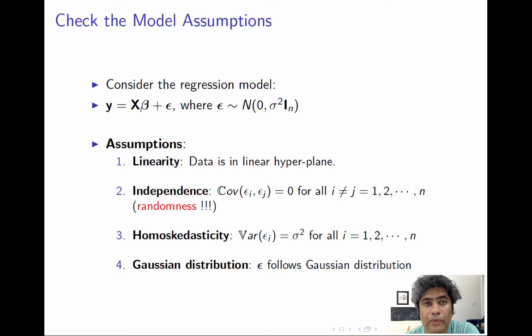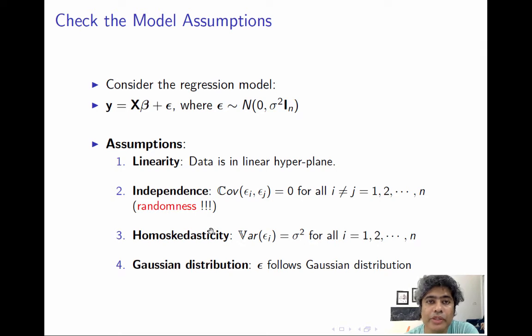If you're not so sure, it is better to check whether the randomness is there, and if it is, then you can safely assume that the covariance of epsilon i and epsilon j is 0, that the correlation between epsilon i and epsilon j is 0.